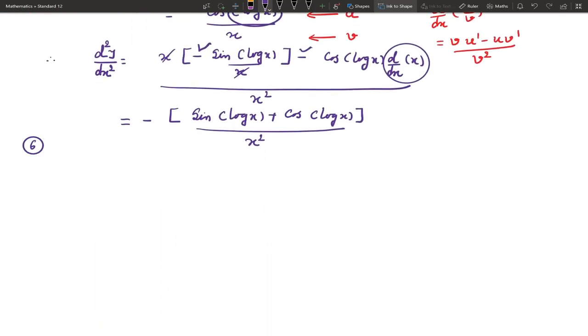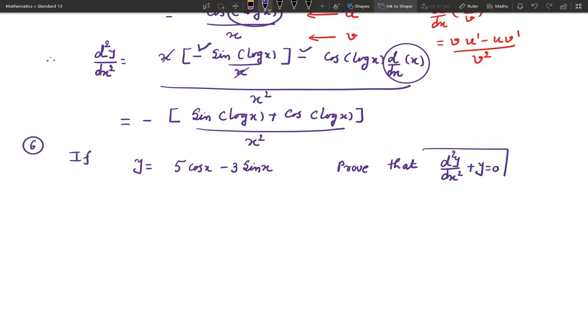Sixth one, if y equal to 5 cos x minus 3 sin x, prove that d2y by dx2 plus y equal to 0.